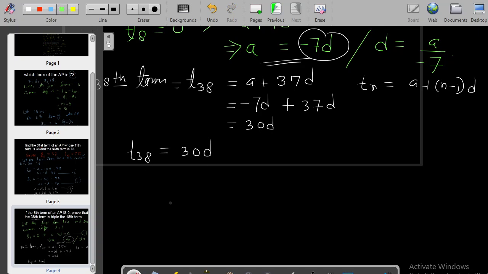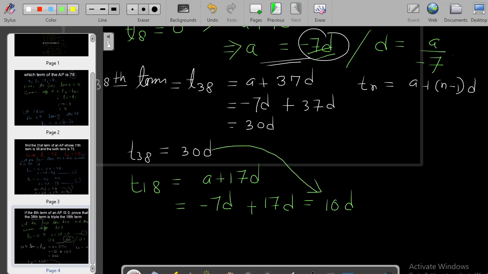Now we find the 18th term. The 18th term, T18, is nothing but A plus 17D. The first term we don't know, so we replace it by minus 7D again from here. So minus 7D plus 17D becomes 10D. Isn't the 38th term 3 times 10D?